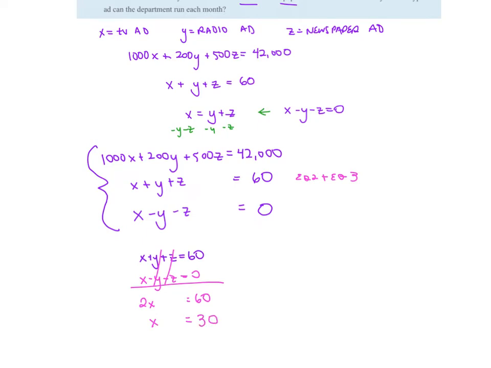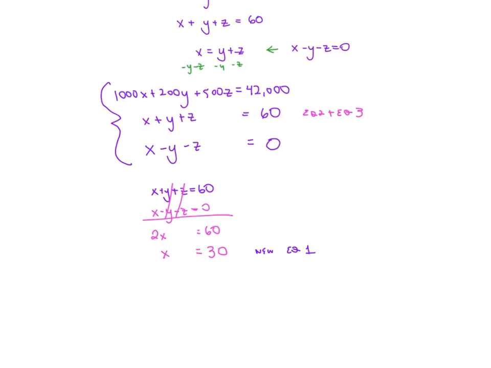So we have one of our amounts here. So x equals 30. That's our new equation 2. And then we still have 1,000x plus 200y plus 500z equals 42,000.